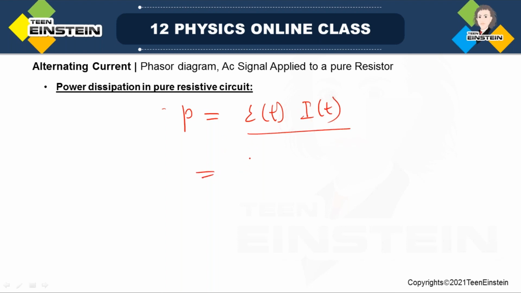I'll write the expression for both of them, E0 and I0, and then you get sine square omega t, because both have sine omega t.